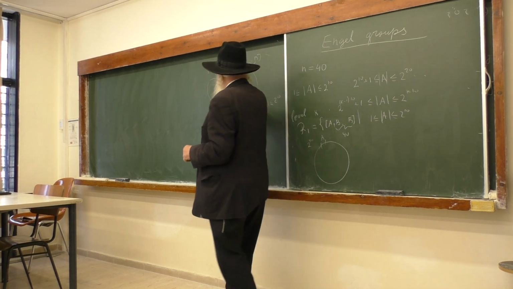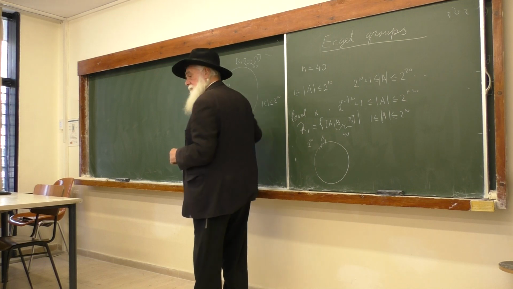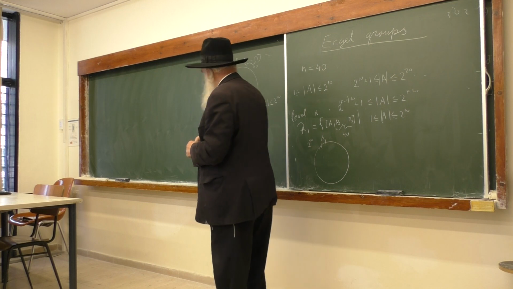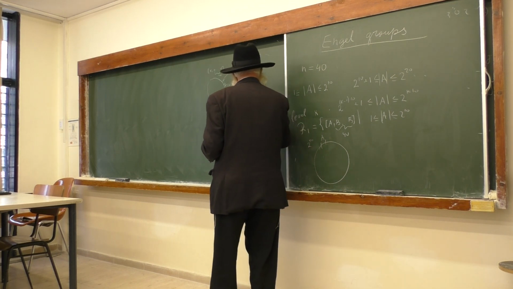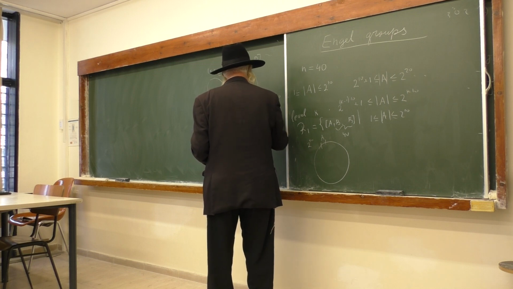So we might have here less than 16 such C's, so 16C will be less than or equal to 2 to the power 14.